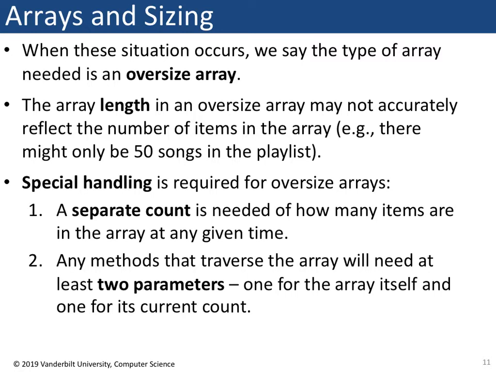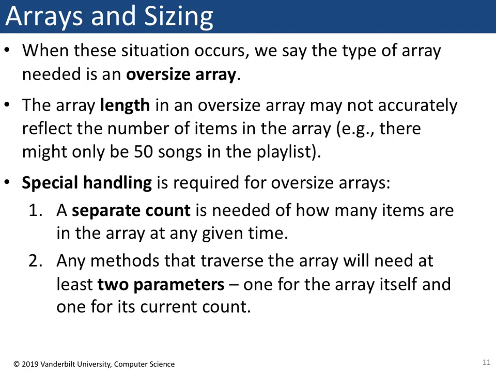If you want to use an oversized array, then we're going to need to keep track of a special separate count to know how many actual items are in the array. So we could keep track of the number of songs that have been added to the playlist. That way we don't default to believing that there are 100 songs in this playlist, no matter how many the user actually adds.